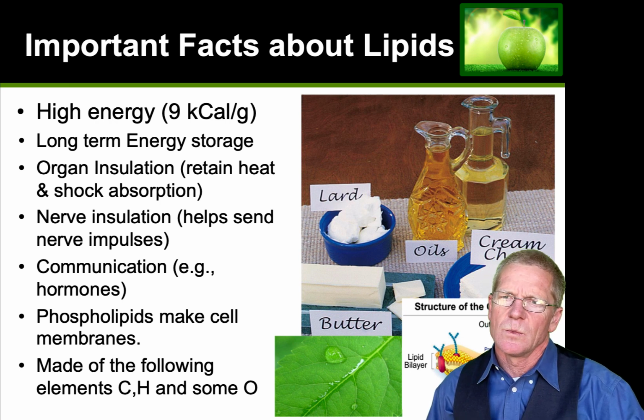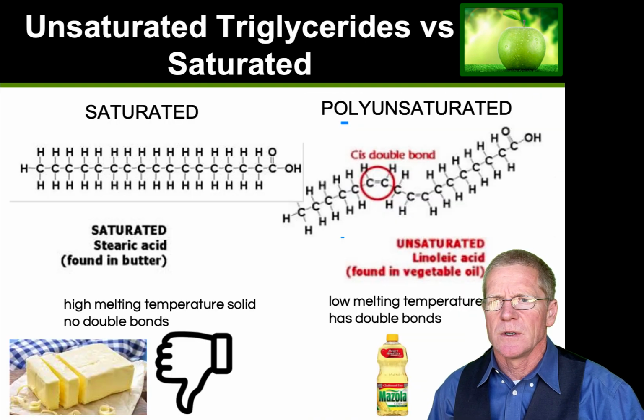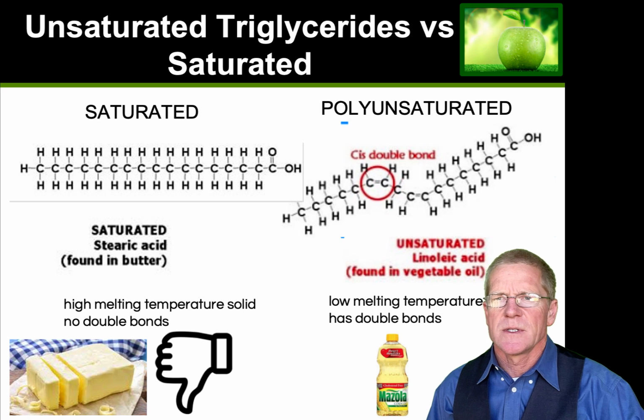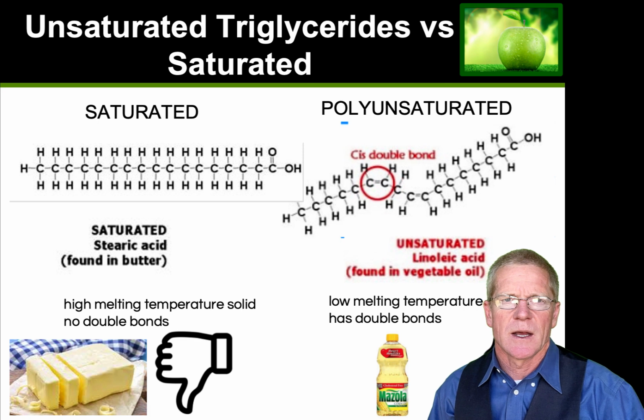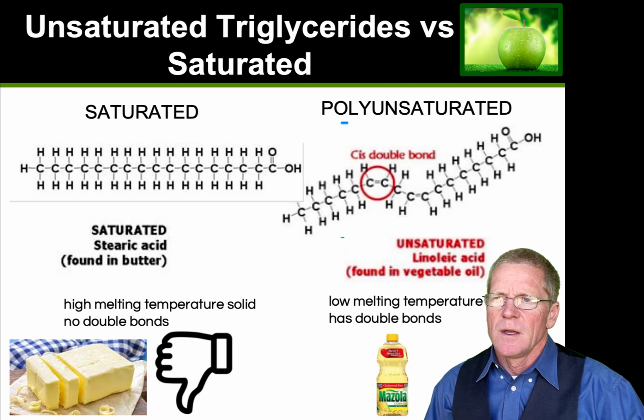Let's have a look at the chemical difference between a saturated fat and a polyunsaturated fat, which would be an oil at room temperature. Saturated fats, all of the carbons are occupied with hydrogens. There are no double bonds. This creates a type of fat that is hard at room temperature and indeed is going to be hard inside of your body.